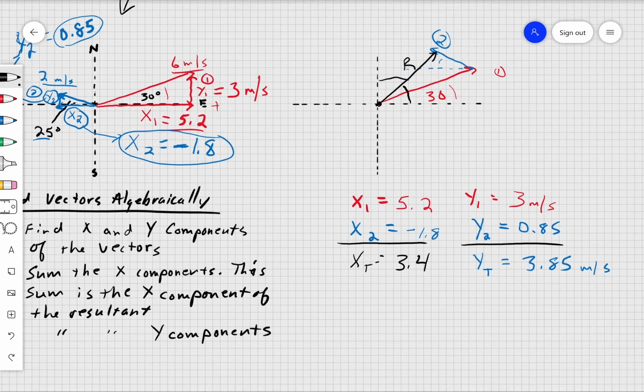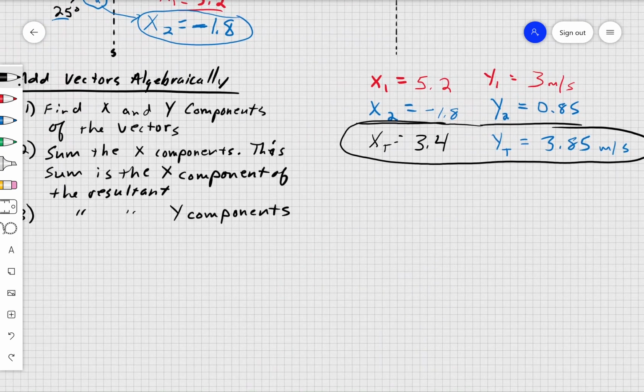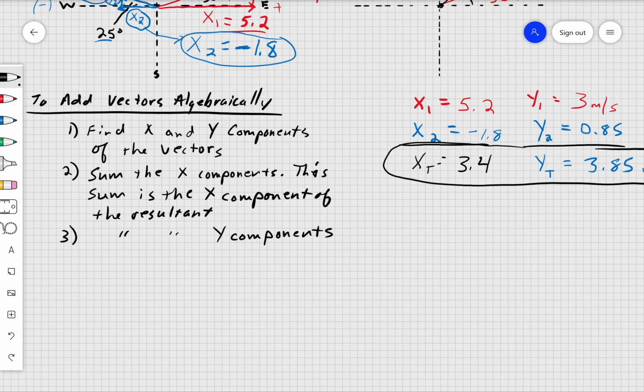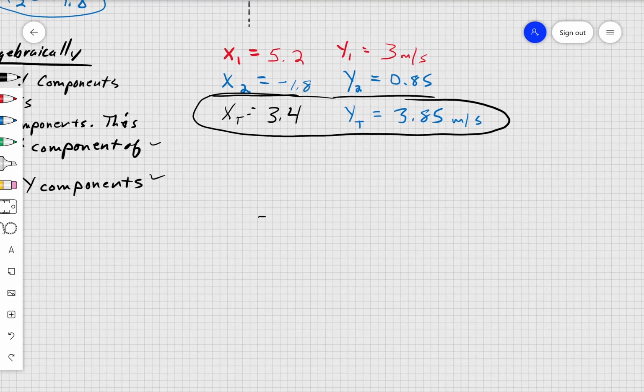So now I have the x, what I've called here, I've designated x total and y total. I have the x and y components of the resultant that I'm looking for. So if those are the components, these are the x and y components of the resultant. So let's find what that resultant is.